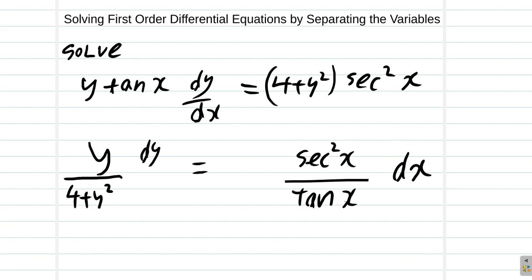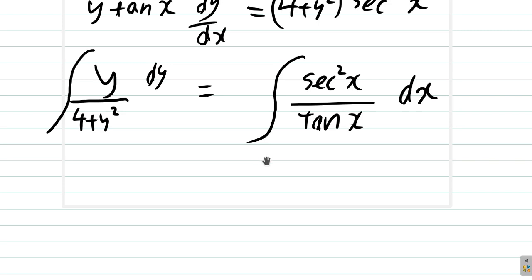Alright, so we have it all set up now, and we're ready to integrate. The integral of this is equal to the integral of this. Integral of y over 4 plus y squared dy equals integral of sec squared x over tan x dx.